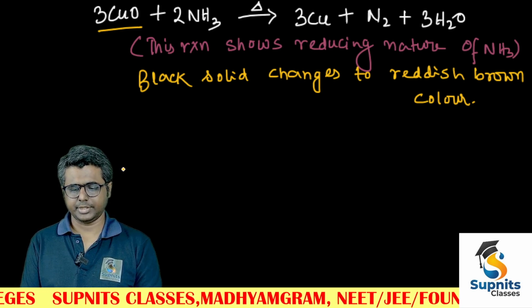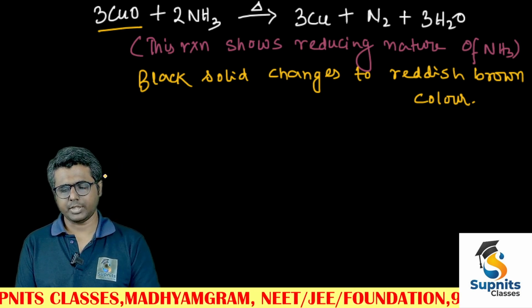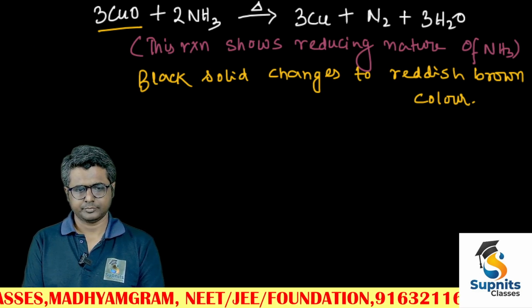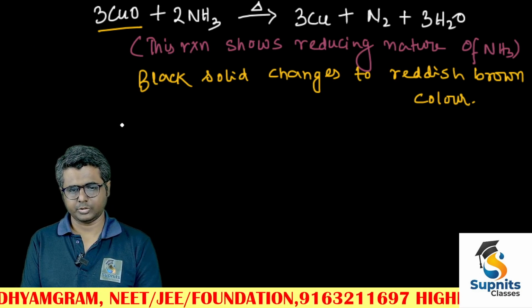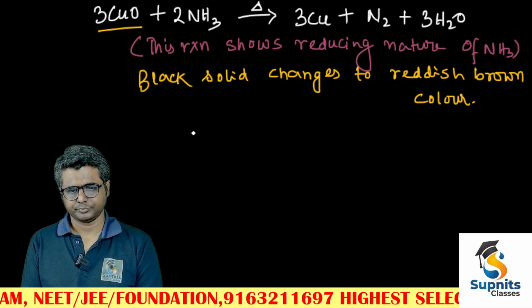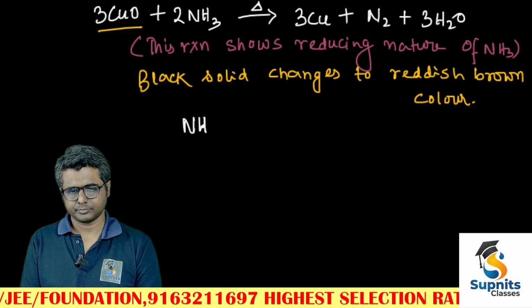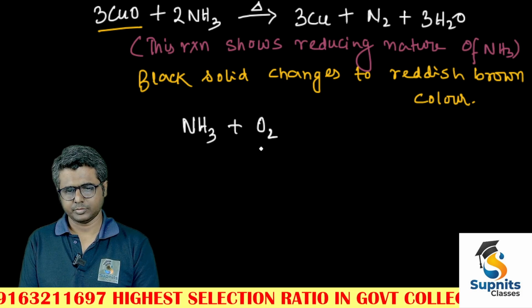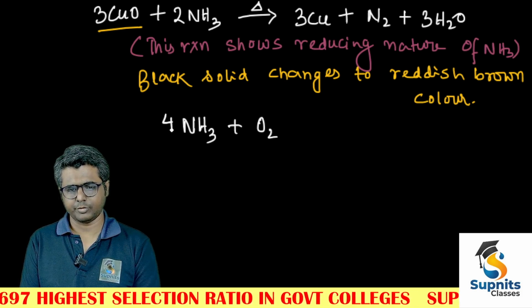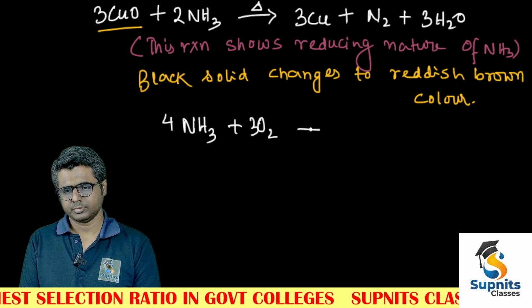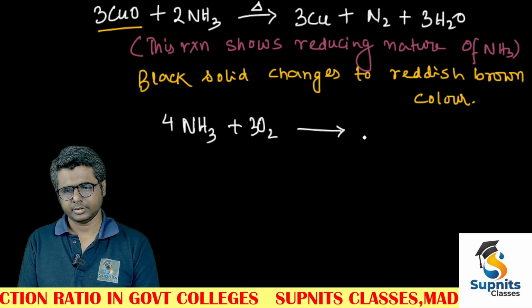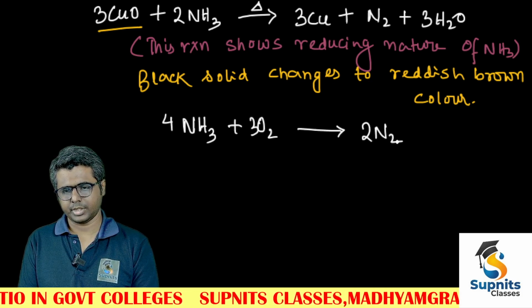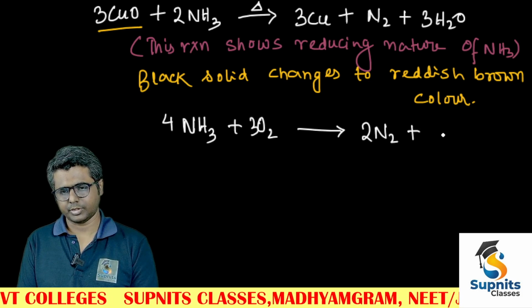Our next reaction is oxidation of ammonia. So, there are two reactions in this case also. One is normal oxidation, that is 4 NH3 plus 3 O2, this is normal oxidation of ammonia, it will give you 2 N2 plus 6 water.